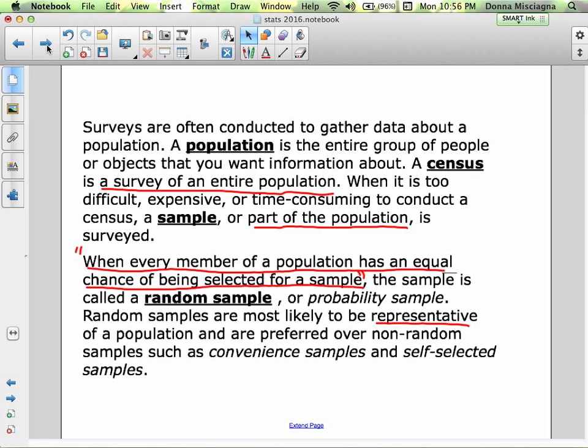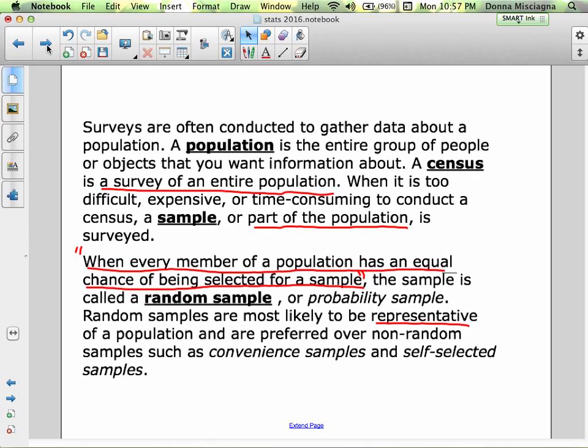Right, but continuing on, when every member of a population has an equal chance of being selected for a sample, the sample is called a random sample. So in your notes is that vocabulary word, fill in the definition. Random samples are most likely to be representative of a population and are preferred over non-random samples, such as convenience samples and self-selected samples.